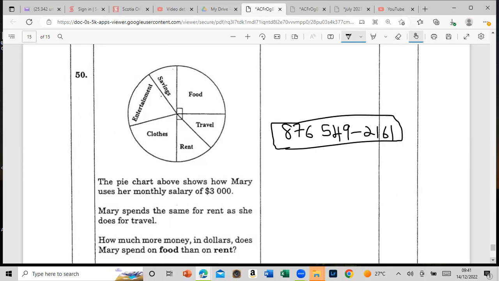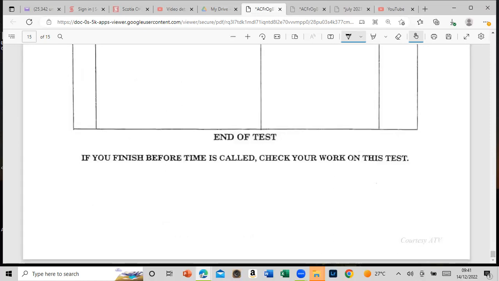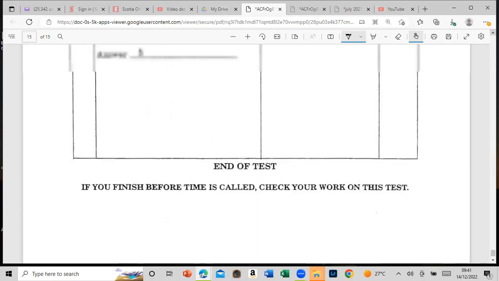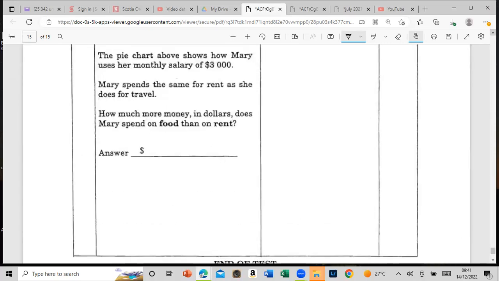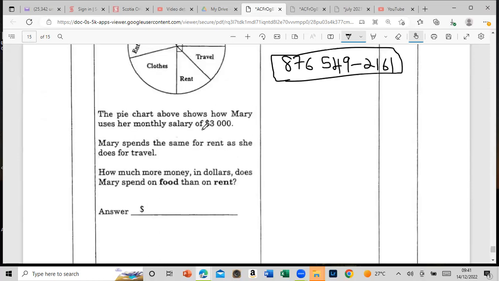Alright. So technically, she spent a quarter on travel and 1/8 for rent. I want an easier way to work it out, but I'm going to go the long route. So it's $3,000, right?